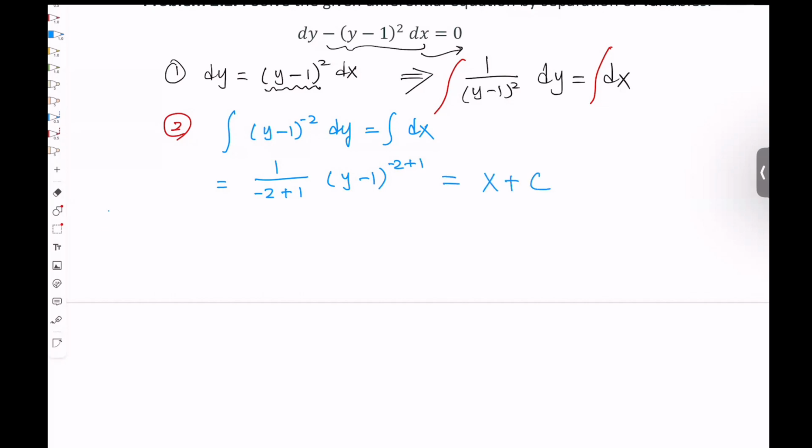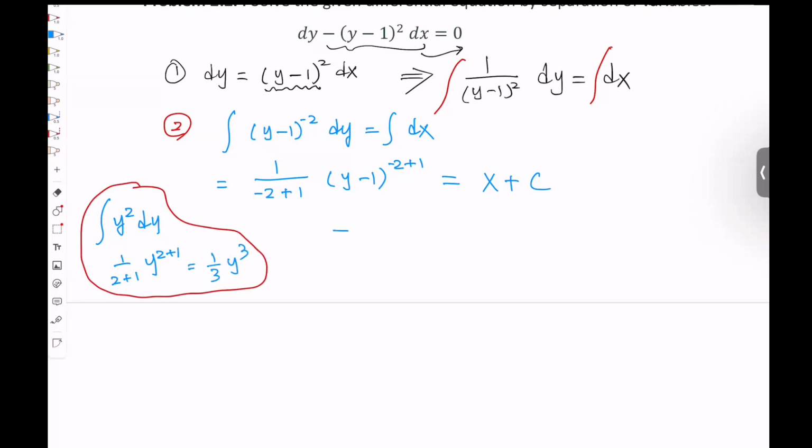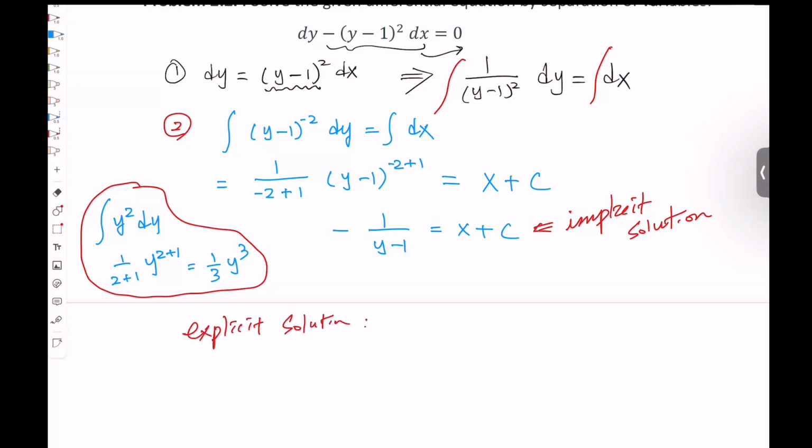Just like integral y squared dy, we have 1 over (2 plus 1) y to the 2 plus 1, so we end up getting 1 over 3 y cubed. Then we have negative 1 over (y minus 1) equals x plus c. This is an implicit solution.